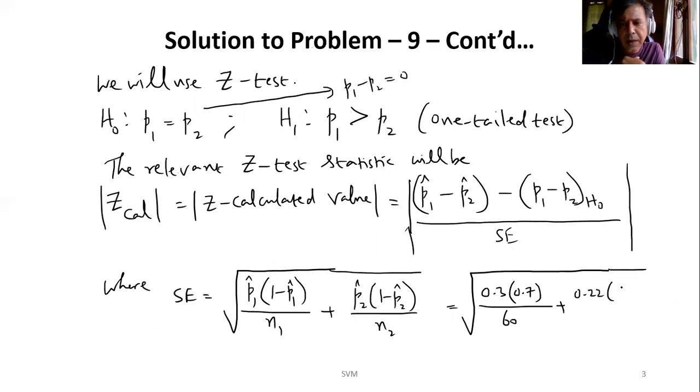So that means 1 minus P2 cap will be 0.78 divided by sample size 2 is 100. So if we evaluate this whole thing under square root, we get the value as 0.072. Now let us calculate that Z cal.